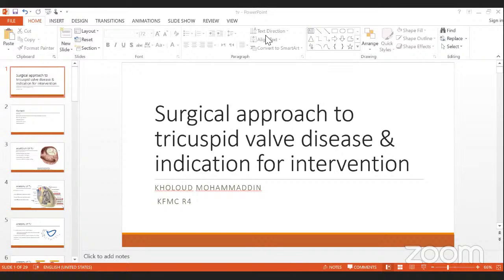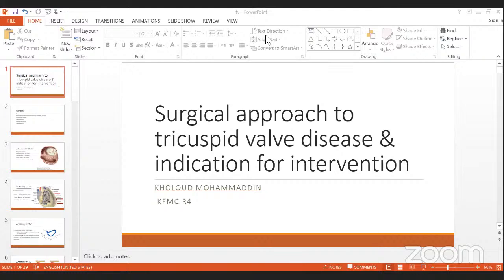Have you seen tricuspid stenosis, Haytham? No. Okay. Actually, there is one patient we did a replacement for because the annulus was less than 3 centimeters, like 2.5.